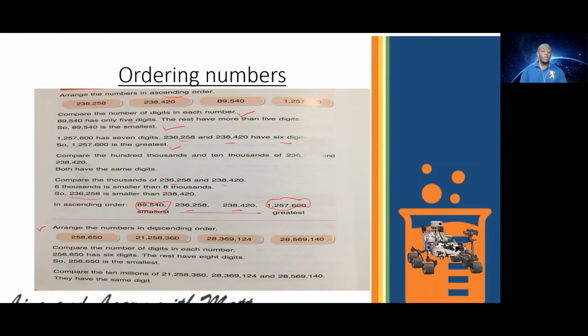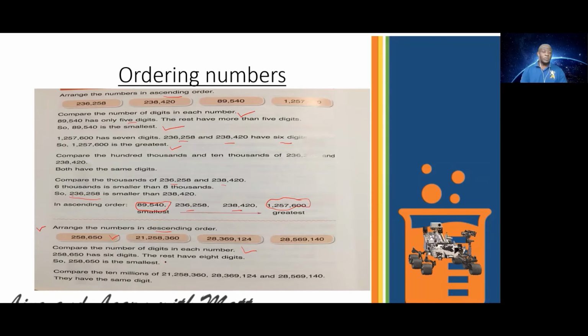Arrange the numbers in descending order. Descending order means from the greatest to the smallest. First, we compare the number of digits in each number. We can see that this has 6 digits and the rest have 8 digits.